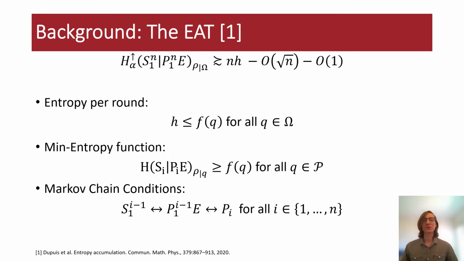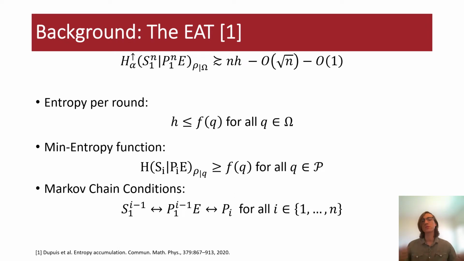To understand this in more detail, we need to talk about the EAT in some more specifics first. So effectively what the EAT says is that if you have a sequential protocol, then the secret registers, these S_n through 1, will generate a sufficient amount of entropy that scales as like this n times h and these correction terms. Notice that the secret registers are being conditioned on some public registers and also Eve's purification, and this has to be conditioned on some event omega.